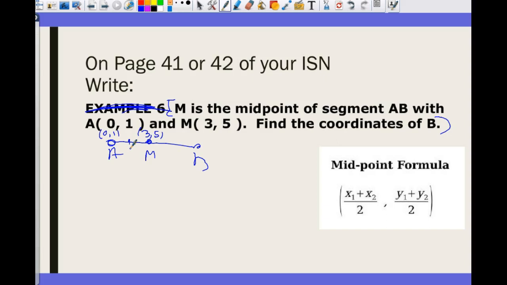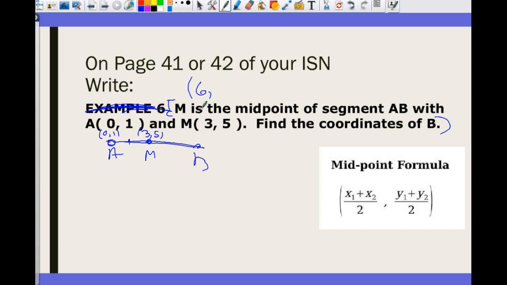What's the distance between those 2? 3. It's a midpoint. So if this is 3, this has to be 6 altogether, right? Add it to your x component, which was 0. 0 plus 6 is 6. So that's one of the ways.